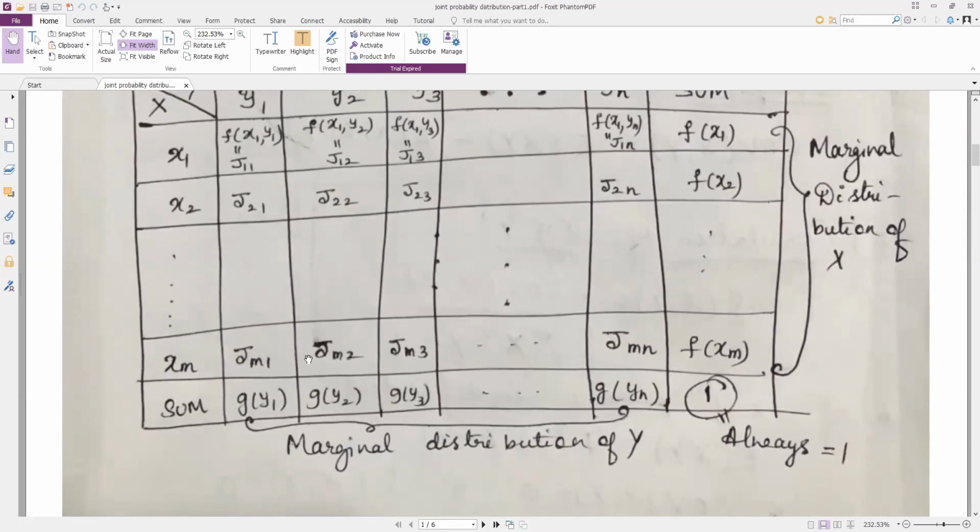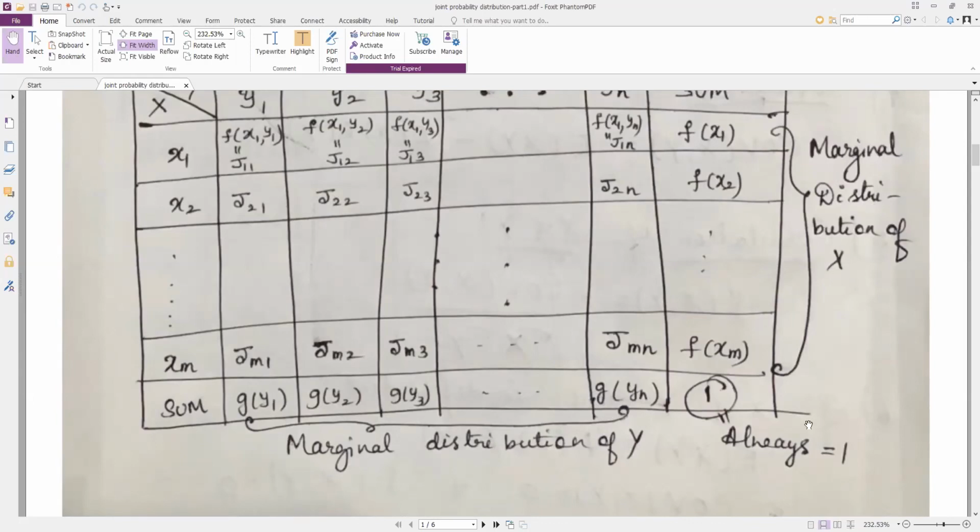And if you add Jm1, Jm2, and so on, you will get f(xm). These are called the marginal distribution of x: f(x1), f(x2), etc., f(xm). And these, g(y1), g(y2), are called the marginal distribution of y. And I told you, the sum of the marginal distribution of x is always 1.